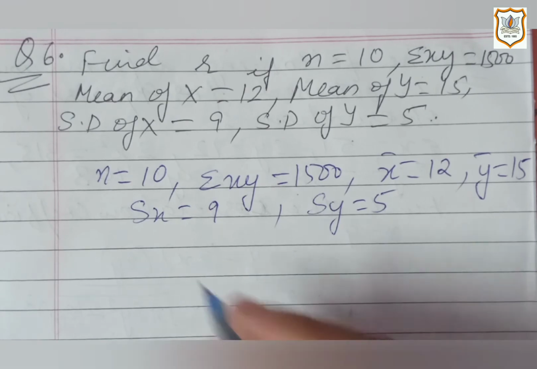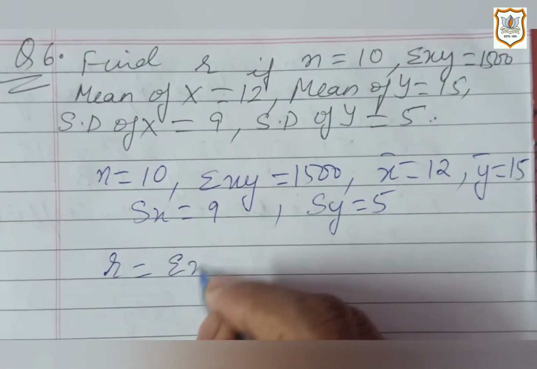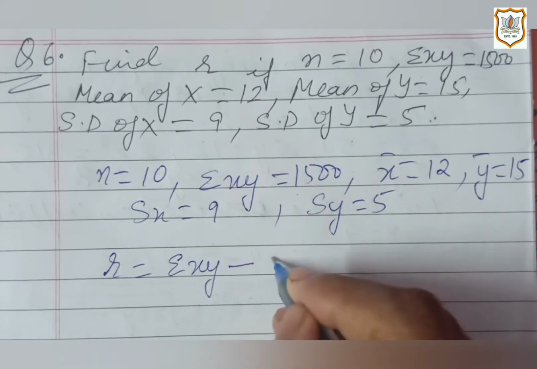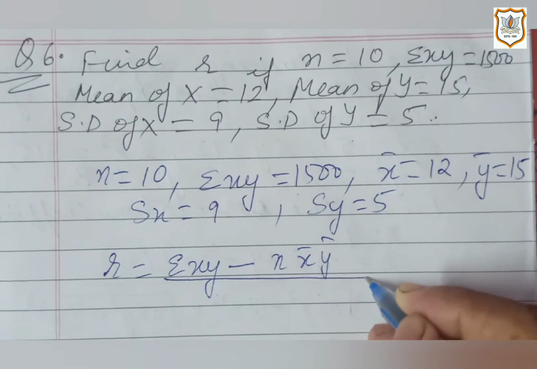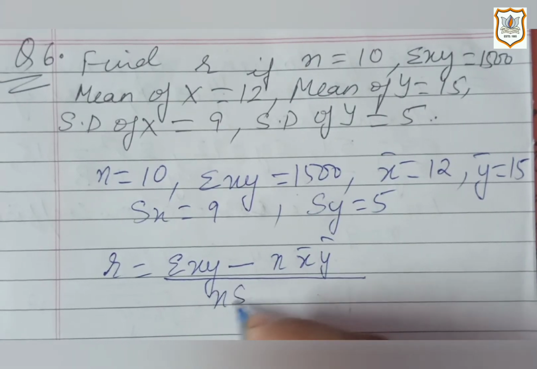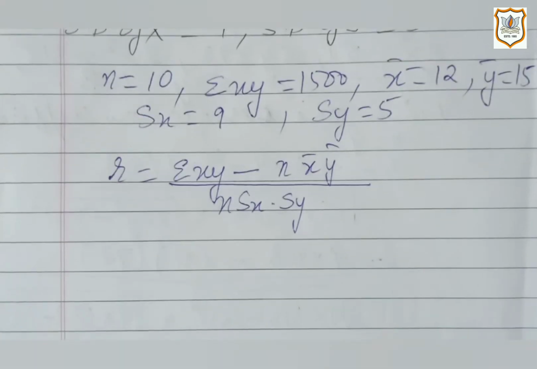Now again, what is the formula? The formula which we have already done, that is R is equal to sigma xy minus n x bar y bar upon n sx into sy. Now substitute the values.